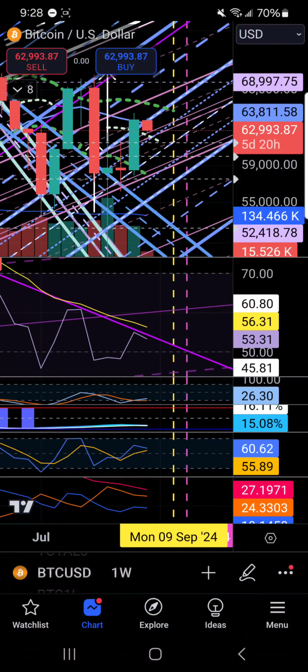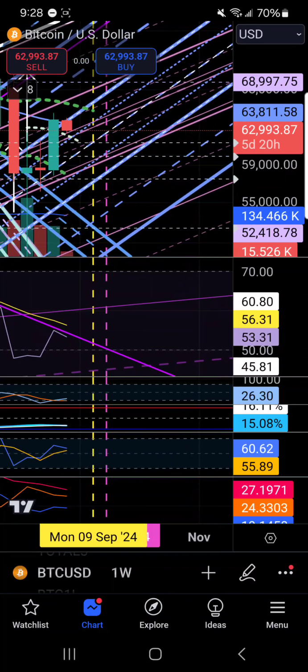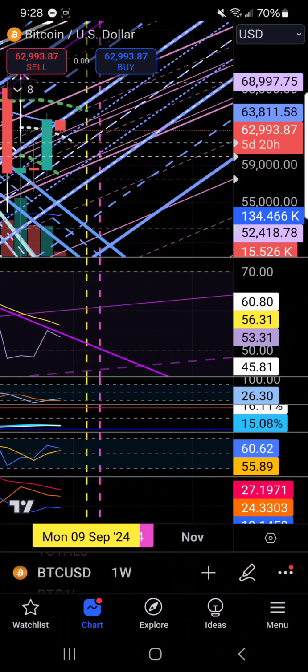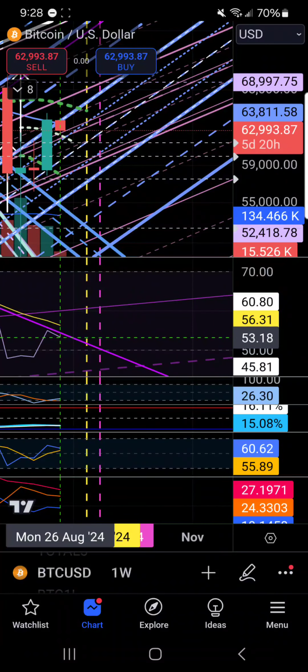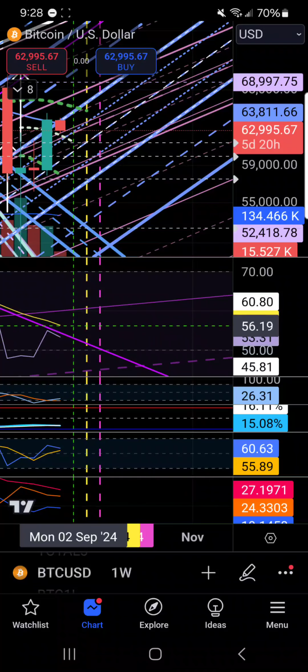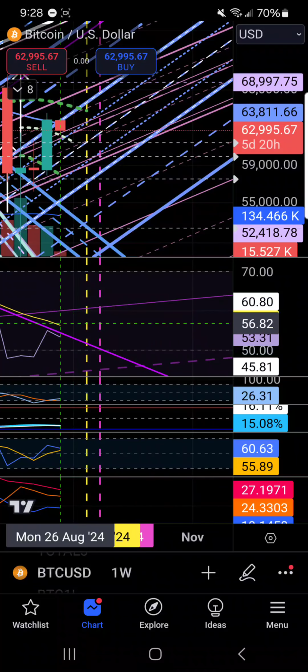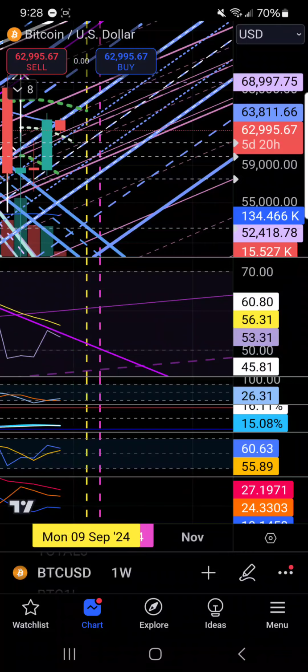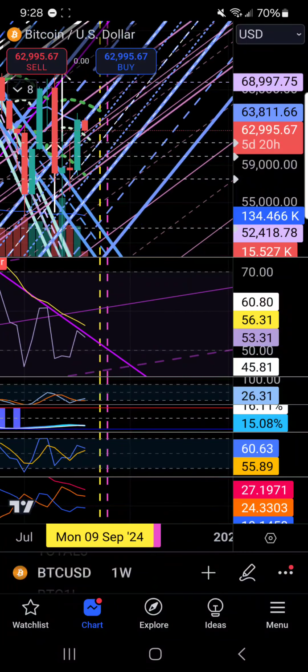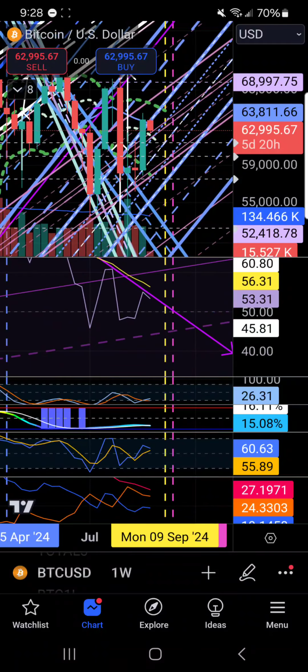That's what that is. And okay, so on the weekly, if we do bounce here, we will break through that line. So that's interesting to note.